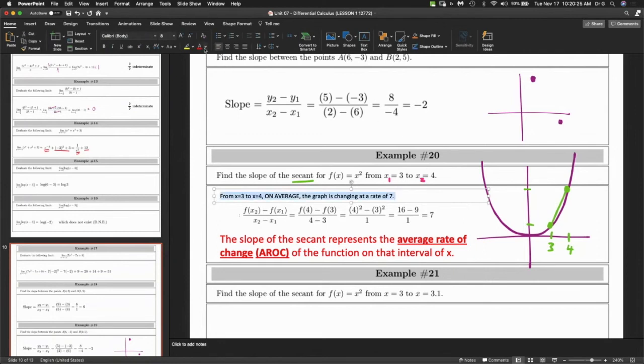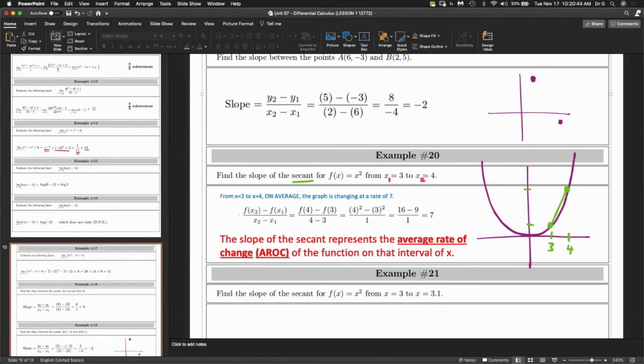That's what the statement that you just calculated says. If you want, instead of changing, you can say it's growing at a rate of 7.